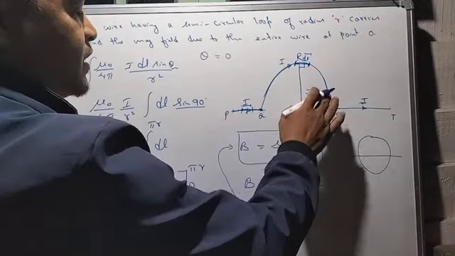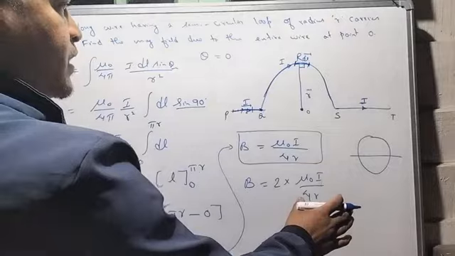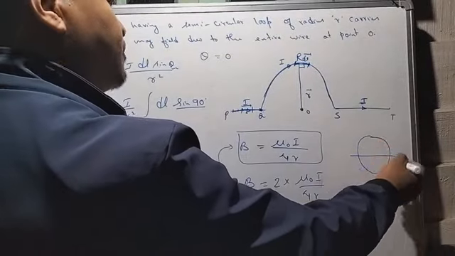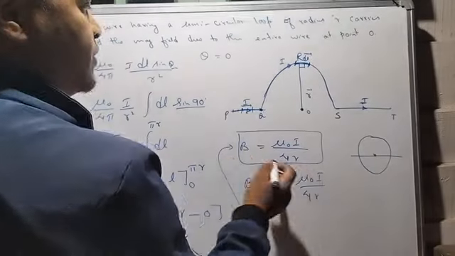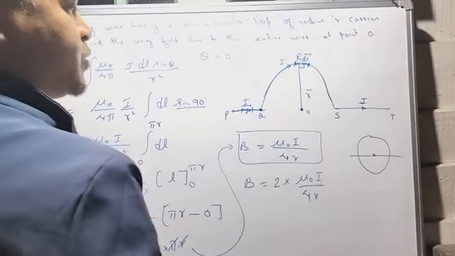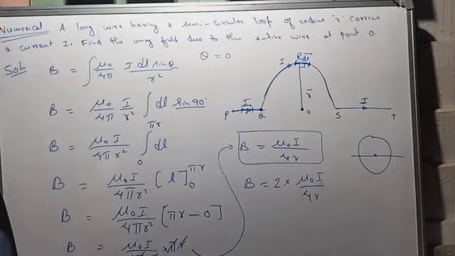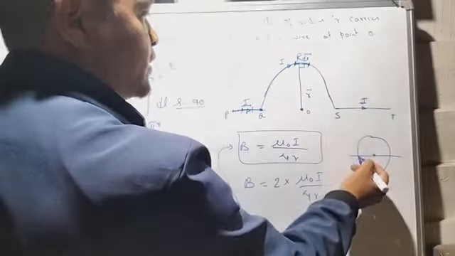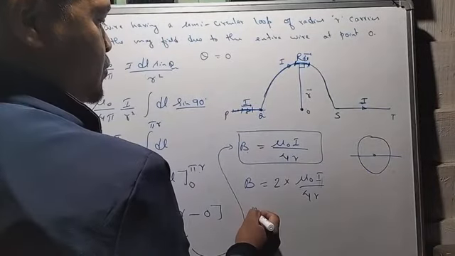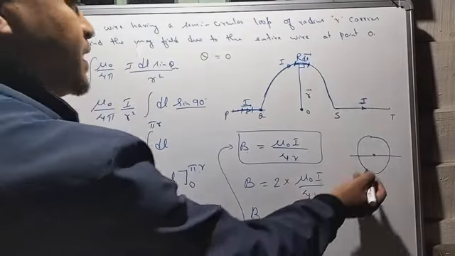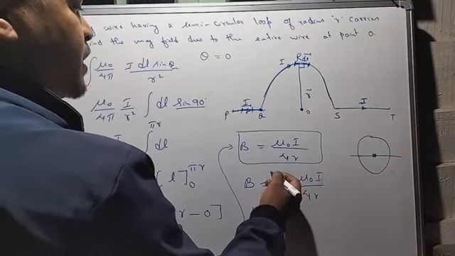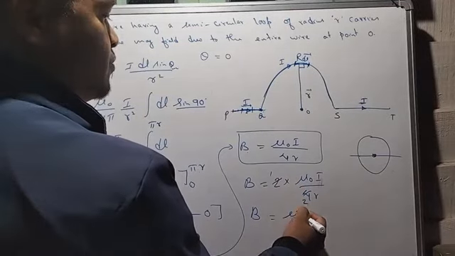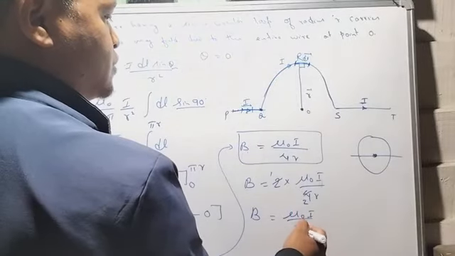So I have to multiply this magnetic field by the number 2, because there are two semicircles in this case, one up and another down. So your magnetic field at the center of the circular loop now becomes 2 times, which means mu naught I upon 2r.